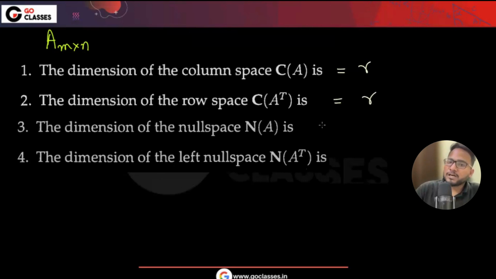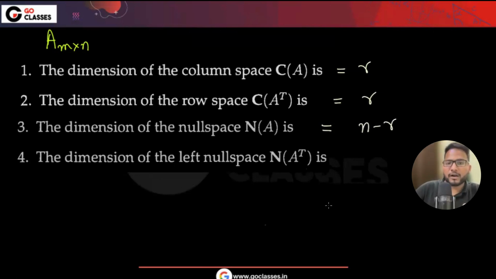What is the dimension of the null space? If A is an M cross N matrix, can anyone tell me? Yes, everyone is saying N minus R. Why is it N minus R? Because of the rank nullity theorem, right?